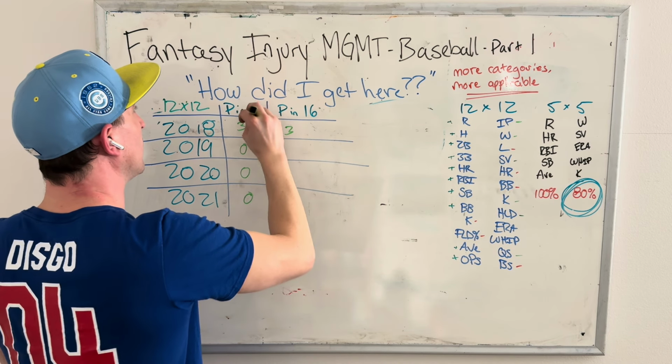Top 11, 0. And out of the top 16, 3, 4, and 5. So as you can see, I'm drafting at least 11 batters in my top 16, and nearly 0 pitchers in my top 10 or 11.